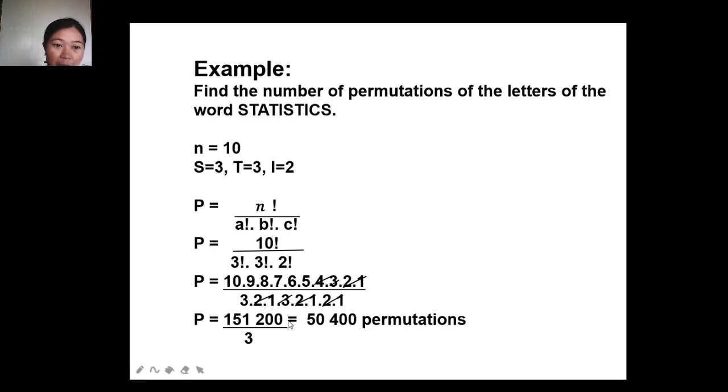This means that the number of permutations of the letters of the word statistics, if we rearrange it, we can form 50,400 permutations or different arrangements. And that is for distinguishable permutation. So that's all.